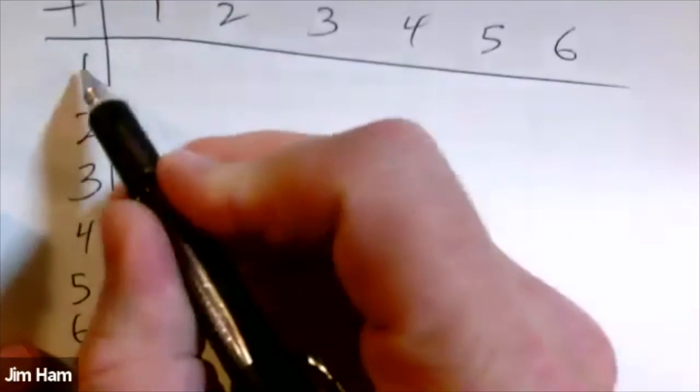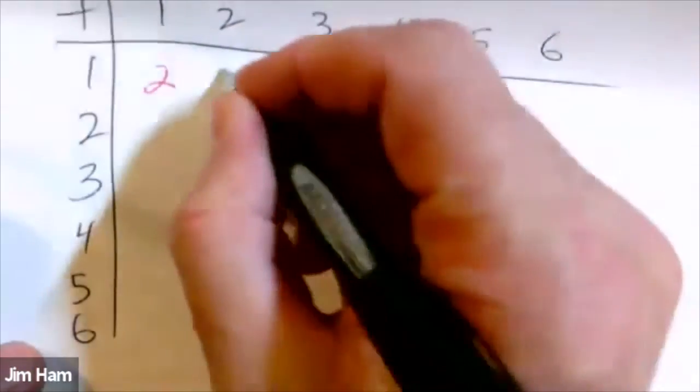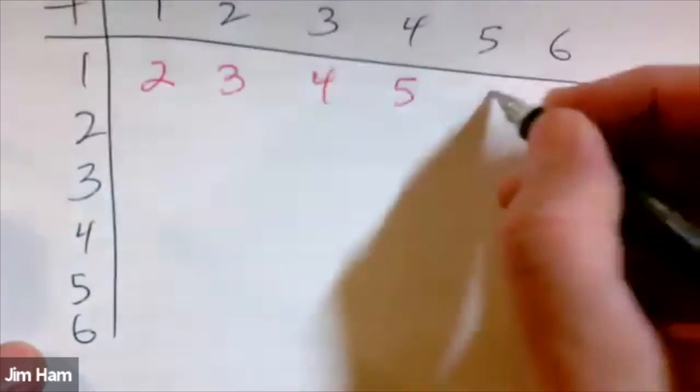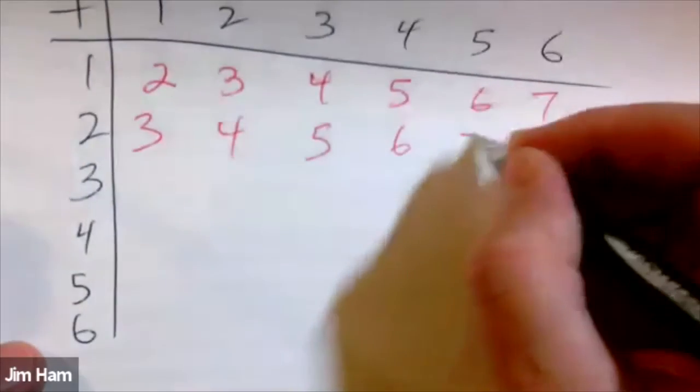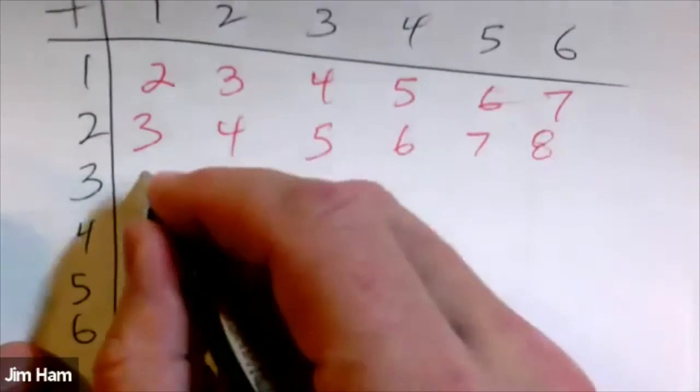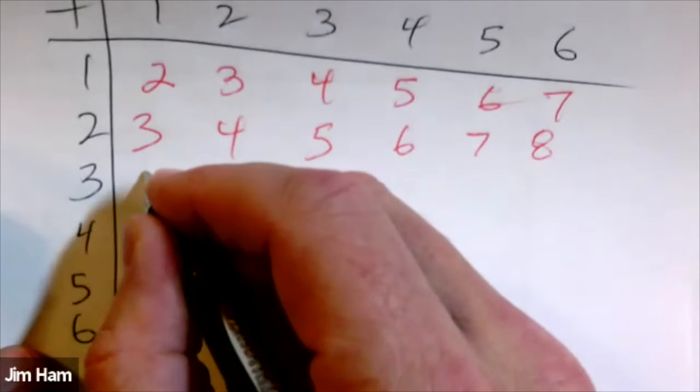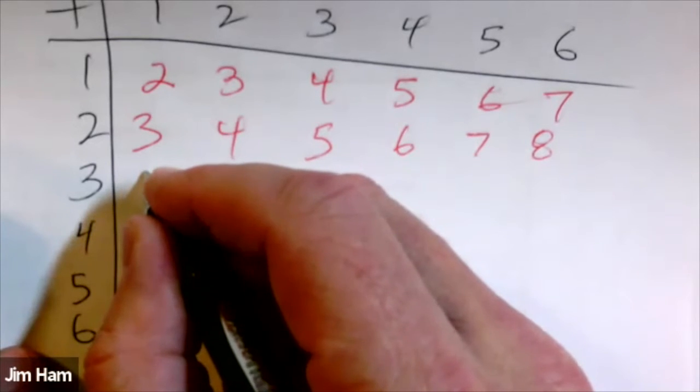First die is 1, second die is 1, sum is 2. And you quickly see what the pattern is here. These numbers in red are the different outcomes. We must count them all. The roll 1-4 is different than the roll 4-1. We have to count it twice because they're 2 different dice.